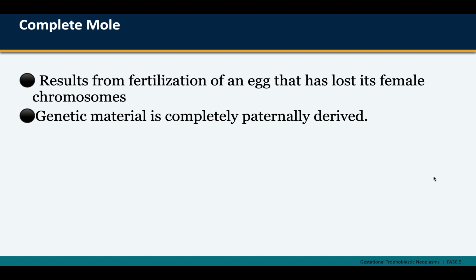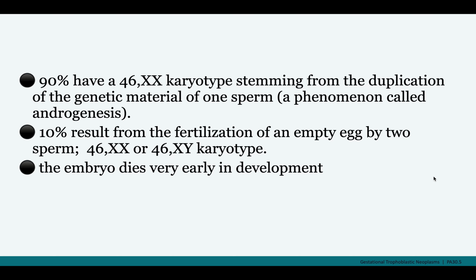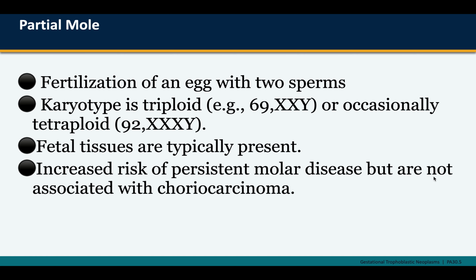Now going to this. Complete mole is fertilization of an egg that has lost its female chromosome. The genetic material is completely paternally derived because there is no information in the ovum. All of it is paternally derived. In the partial mole, this is fertilization of an egg by two sperms. It can be triploid or tetraploid.